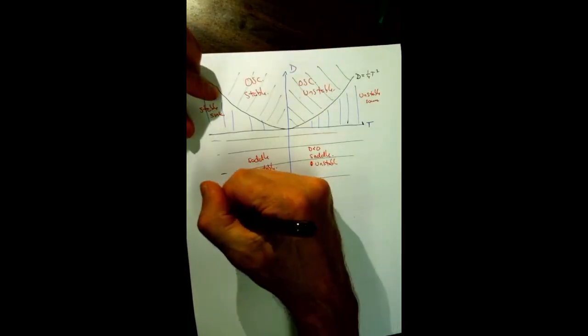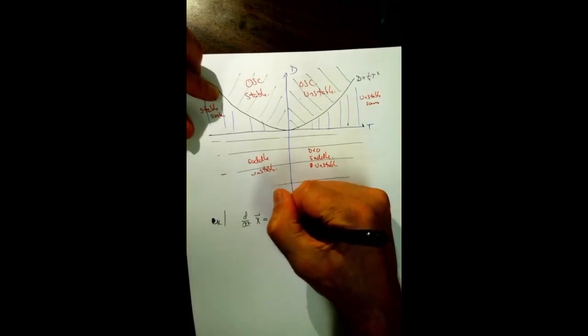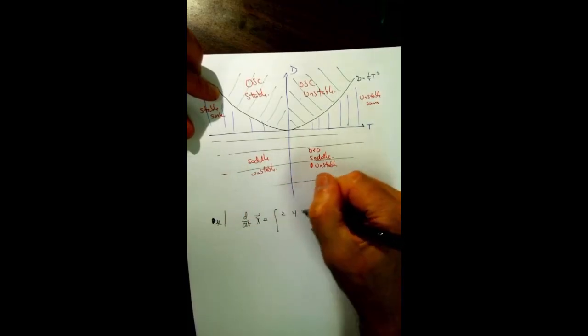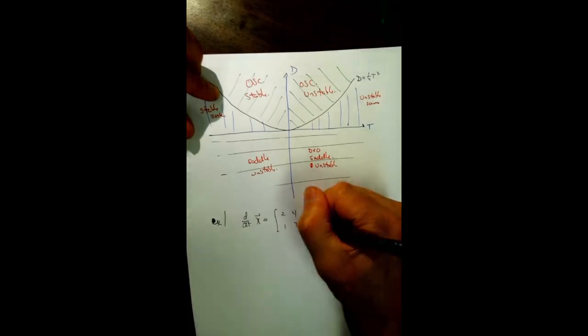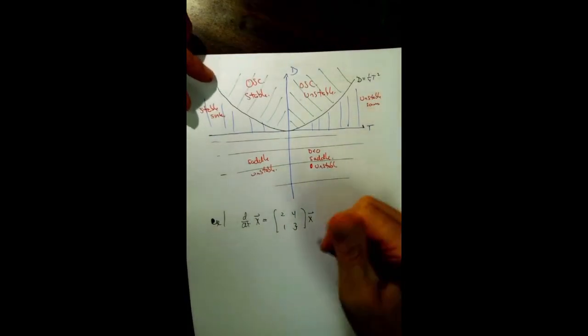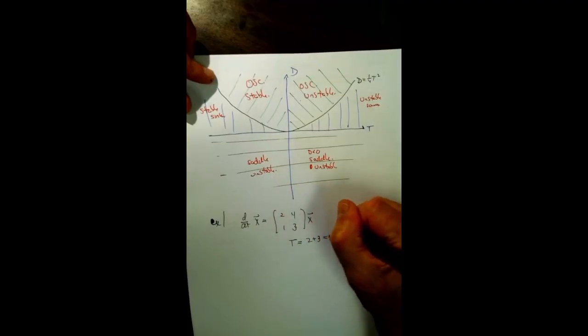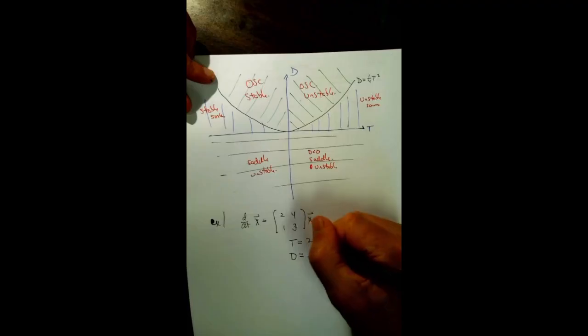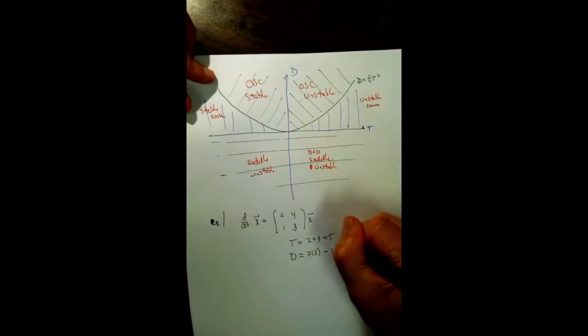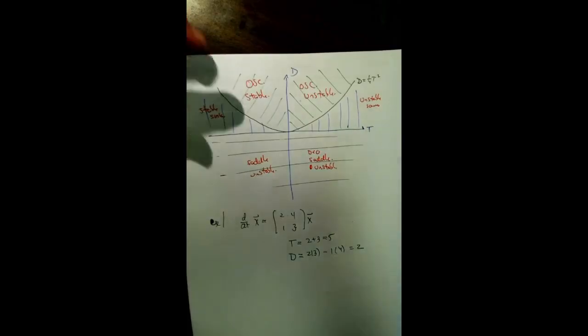So why do I go to all this trouble to look at this? It's because now, suppose you give me a differential equation, a system of equations. Suppose the matrix associated is 2, 4, 1, 3. It's 2 by 2, which means I can use this. The trace is going to be 2 plus 3 is 5. The determinant is going to be 2 times 3 minus 1 times 4, so 6 minus 4 is 2. D is positive.